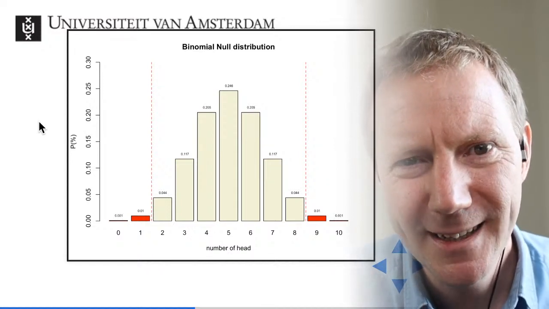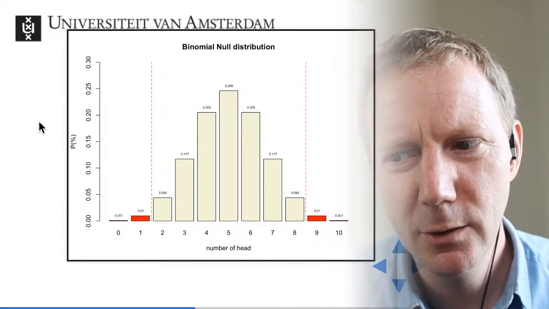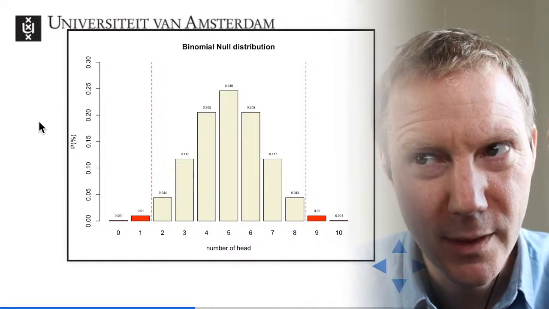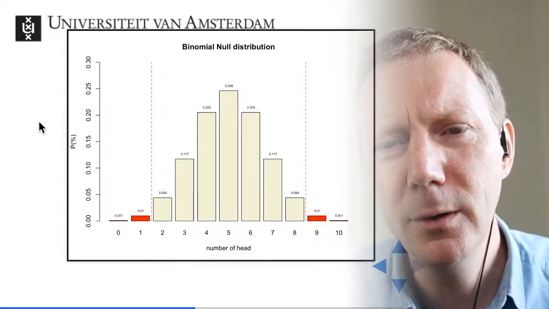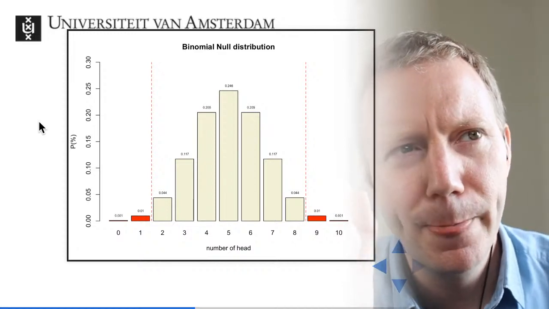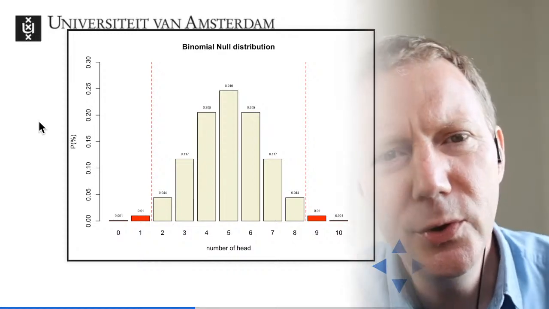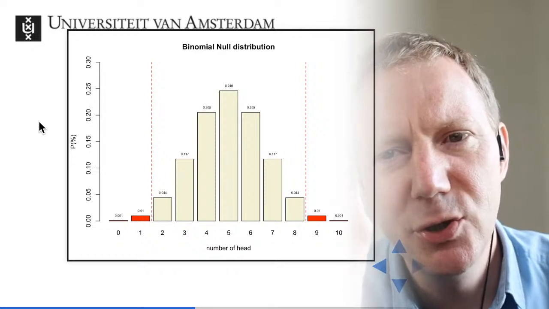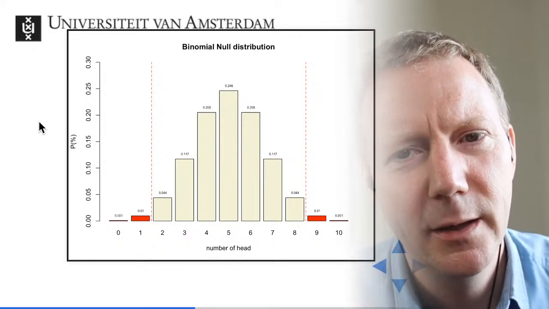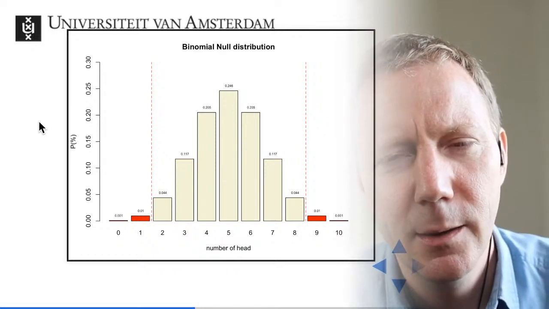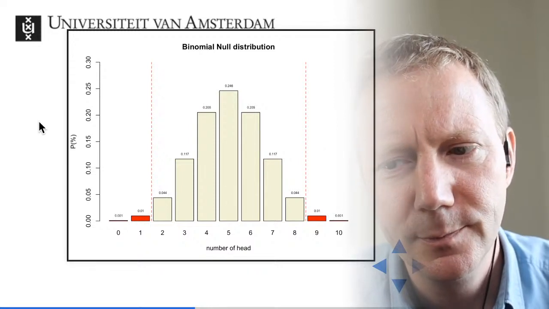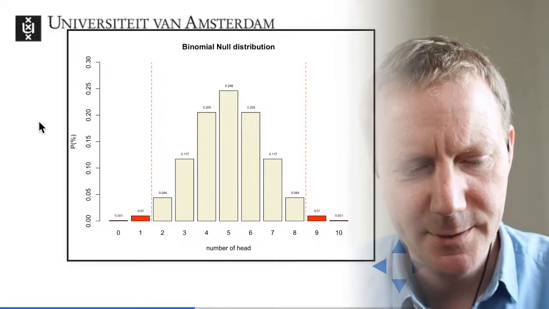So Neyman and Pearson are now able, even before you do your experiment, to determine the probability of making a mistake by going this route. But we're not there yet.